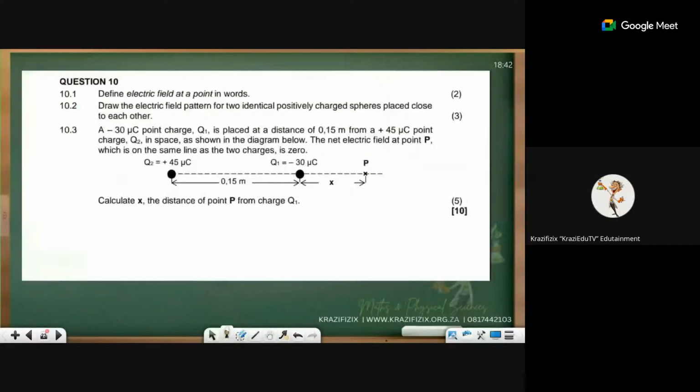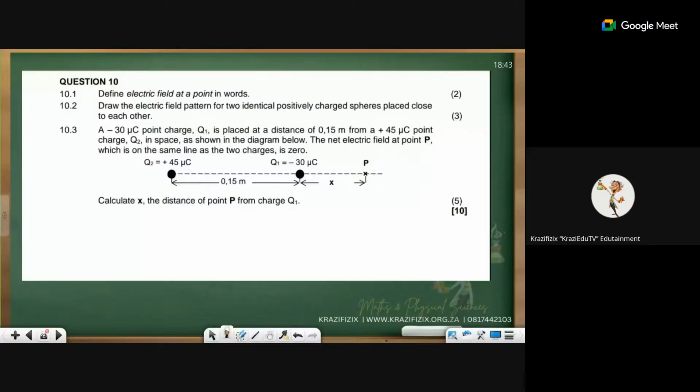Okay, guys. Define electric field at a point. I taught you this the last time. The electric field is the region, the space around a charged object where electrostatic force is experienced.